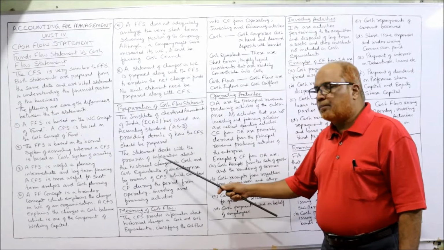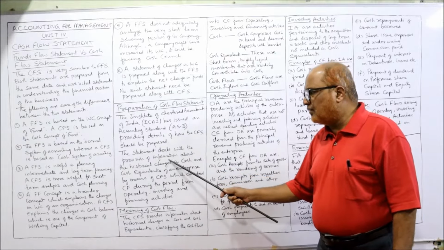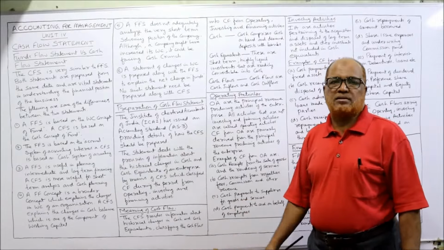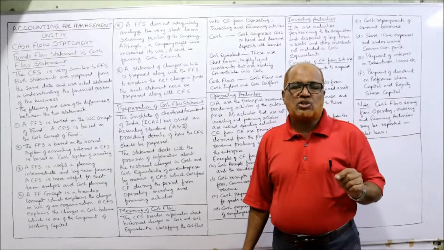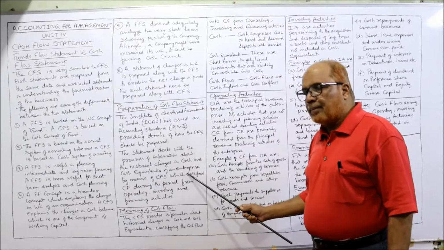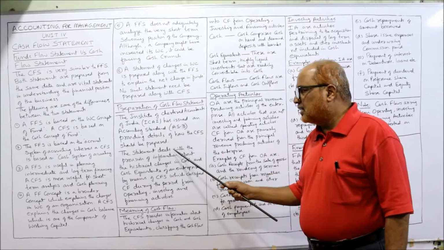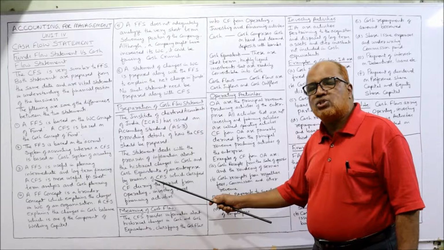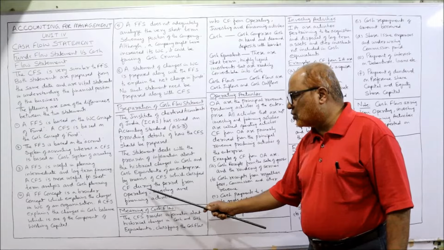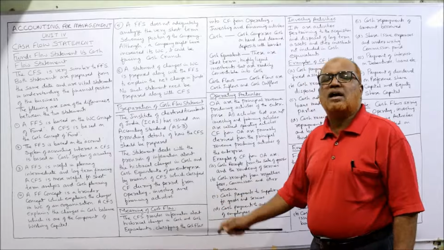Now the statement deals with the provision of information. This statement, AS3, deals with the provision of information about historical changes in cash and cash equivalents. It is not saying only cash, but cash as well as cash equivalents of an enterprise by means of the cash flow statement. So this accounting standard says that the provision of information about the historical changes in cash and cash equivalents classifies cash flows during the period from operating, investing and financing activity.